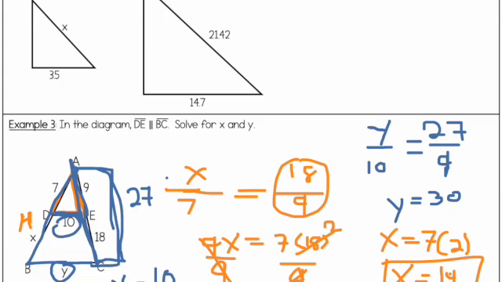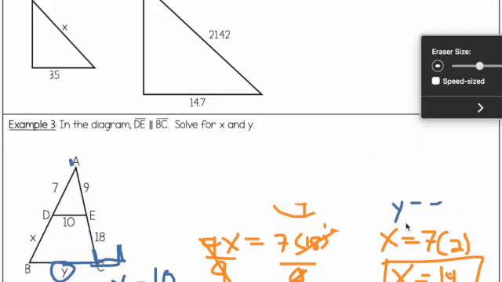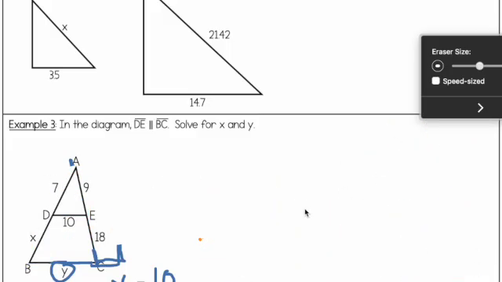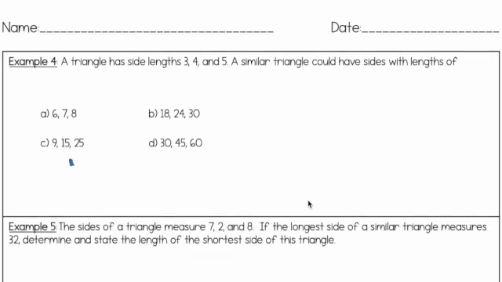Okay, and then 27 divided by 3 is 9. So what divided by 3 is 10? 30. Okay. So I'm going to erase this. Okay. Go to the next question.